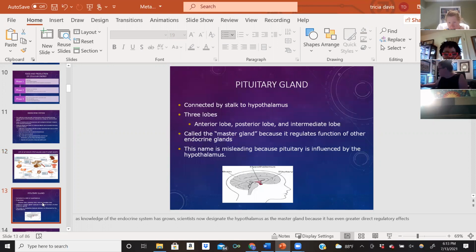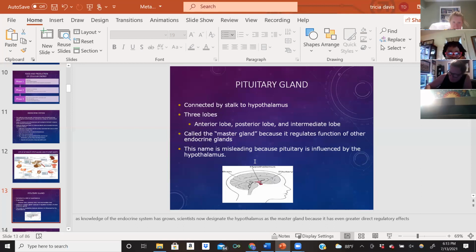So the pituitary gland is connected in the base of the brain by a stalk, which is then directly connected to the hypothalamus. Our pituitary gland has 3 lobes, an anterior lobe, a posterior lobe, and an intermediate lobe. It used to be called the master gland because it regulates function of all the other endocrine glands in the body.